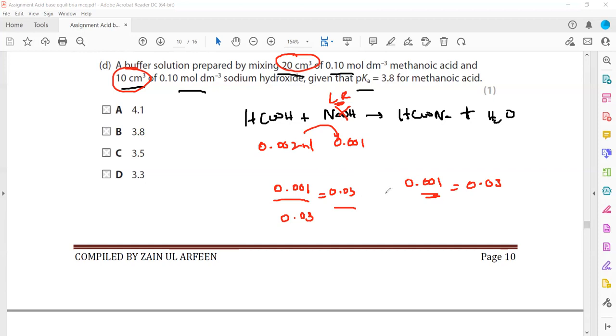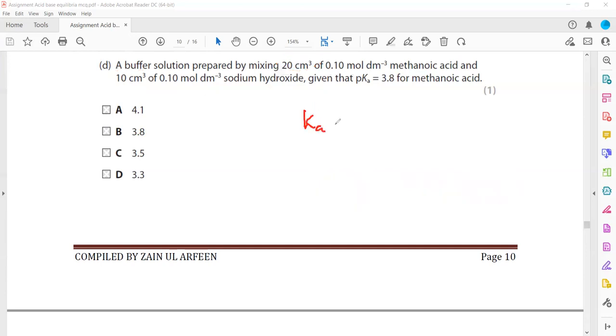So it means we have the same concentration of the salt and the acid. Now we'll write the dissociation constant Ka.